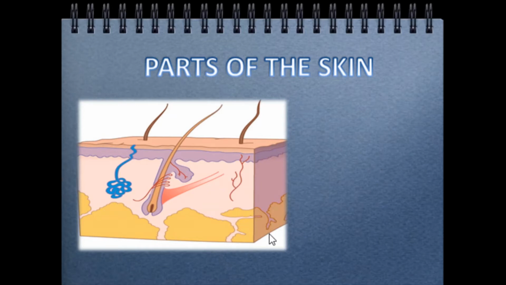The first part, if you can remember, we had this layer, which is the outermost layer of the skin and is the thinnest among all parts, is what we call epidermis.